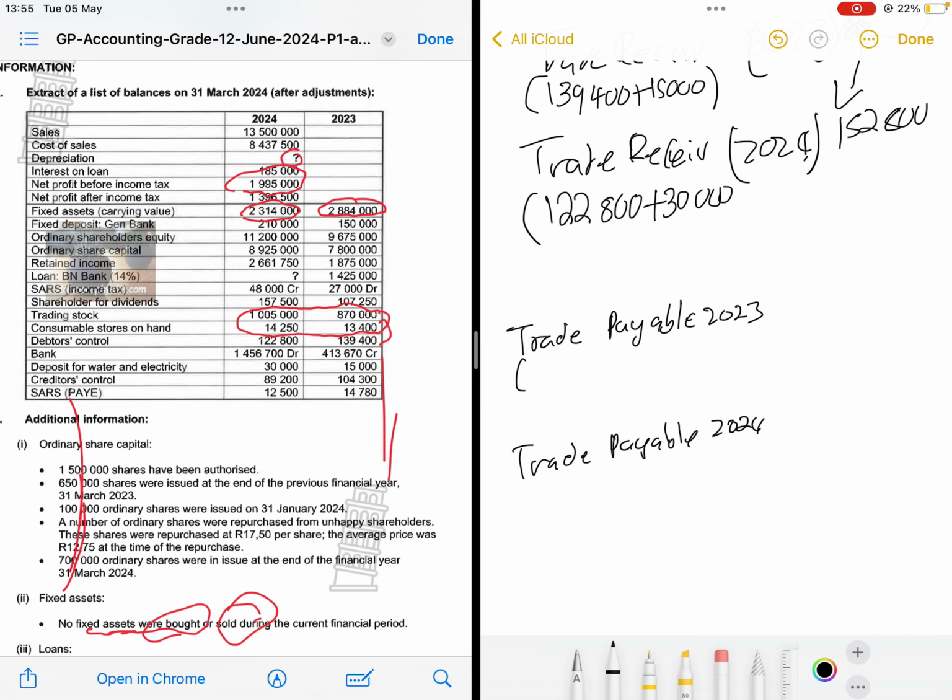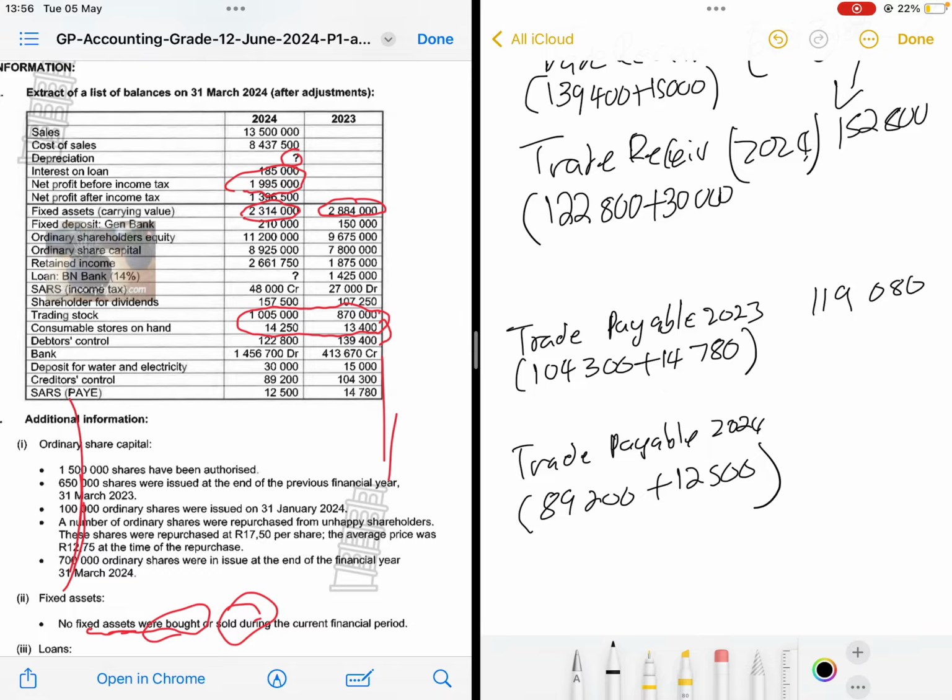Creditors control 104,300, SARS payee 14,780. This one also trade creditors control 89,200, you add SARS payee of 12,500. Now you're going to say 104,300, you add 14,780, and then you get 119,080. Now 89,200, and then you add 12,500, and then you get 101,700.